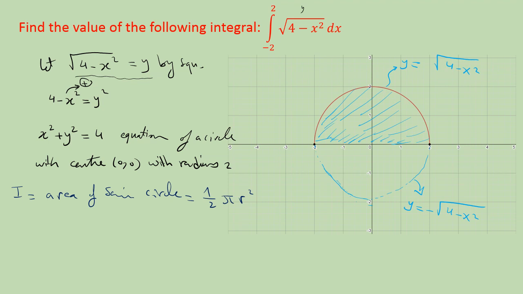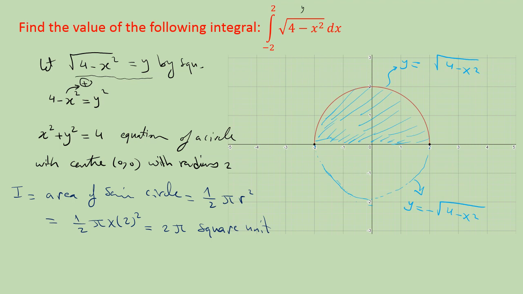Area of the semicircle is equal to half pi times the radius 2 squared. 2 squared times half 2 is equal to pi square unit. This is the value of the following integral.